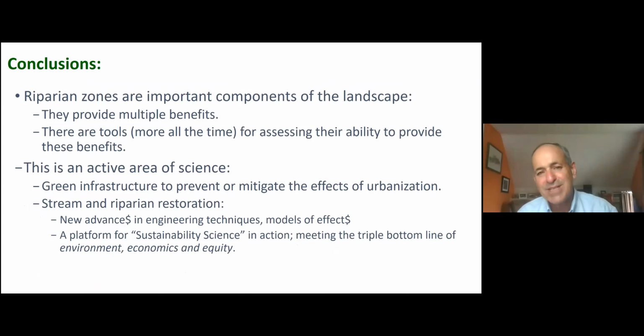And I think perhaps more impressively to me, we've developed some tools for letting people use that science to actually manage actual landscape. The other thing I hope you'll take away is that this is an active area of science, and there's a bunch of basic biophysical science: how does this green infrastructure work? How does the stream restoration work? What are the mechanisms of buffering going on in these areas? And there's a lot of new science that's going to come out.